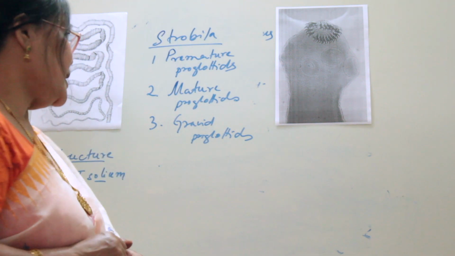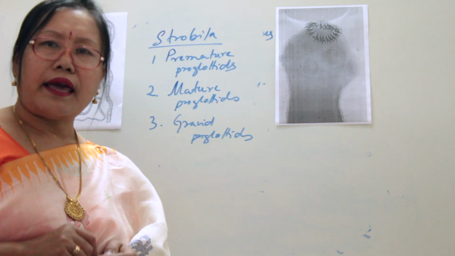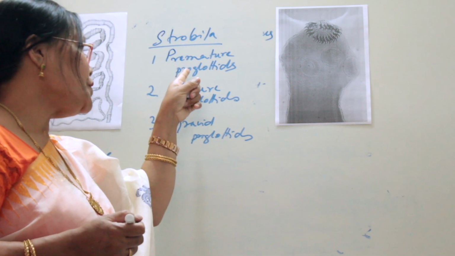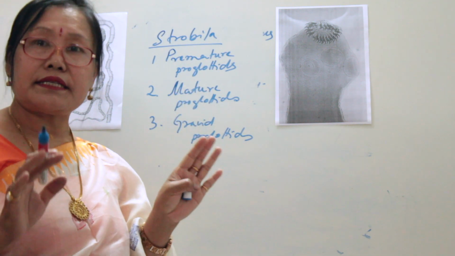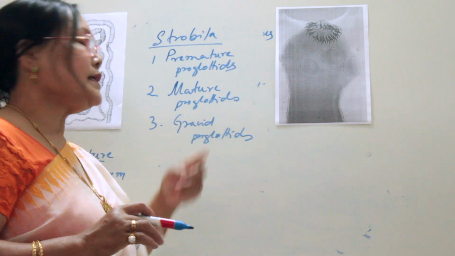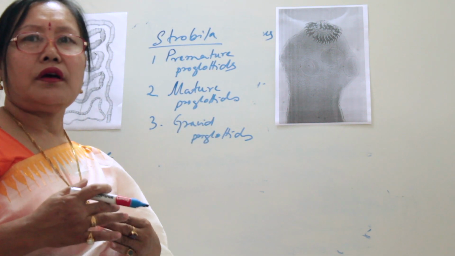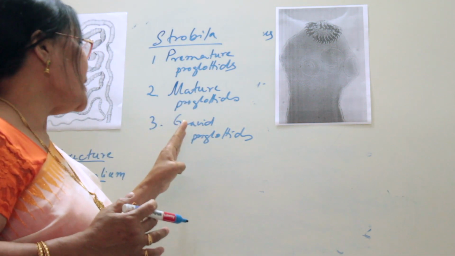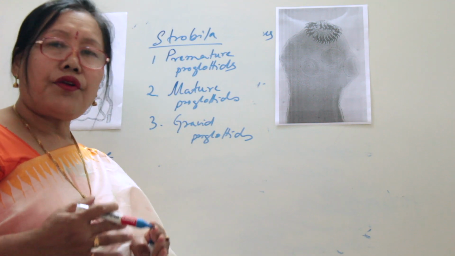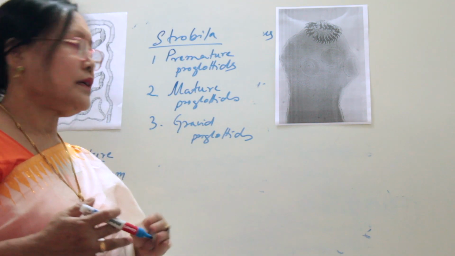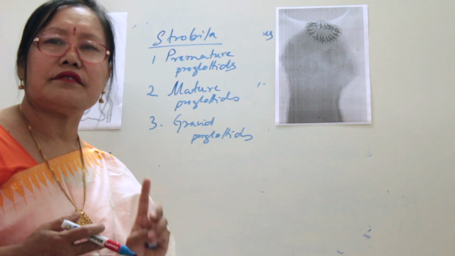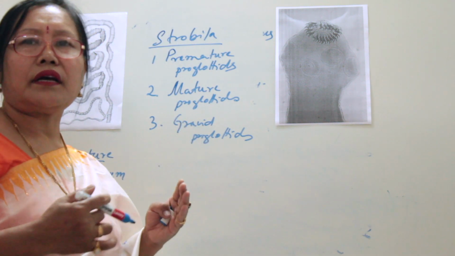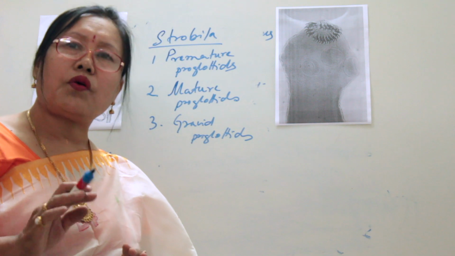Because these parasites are hermaphrodite and the eggs are present in these segments. The eggs in the premature proglottids are just developing, in the middle one slightly mature eggs are present, and the last segment, the gravid proglottids, is full of mature eggs. So, this is about the structure of Taenia Solium or tapeworm.